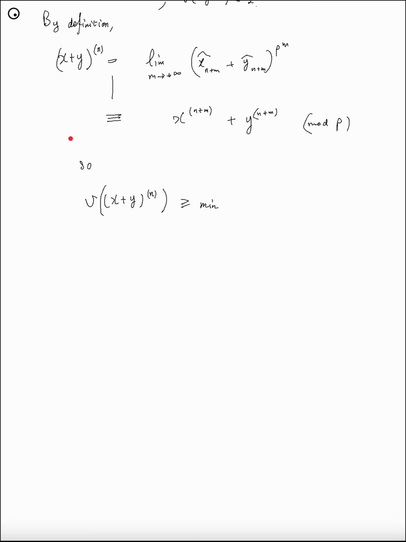Let me put it more precisely. So this means this equals X plus Y plus m plus p times some integer. Let's call it lambda.